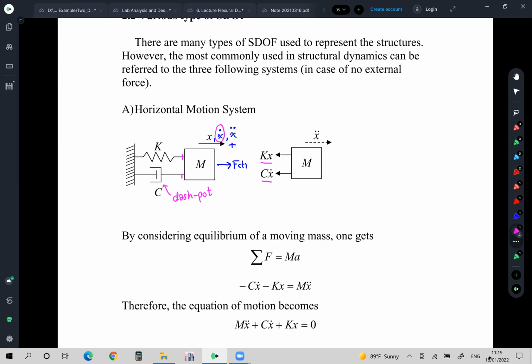And this resistant force will be very large if you move your finger with a very, very fast speed.